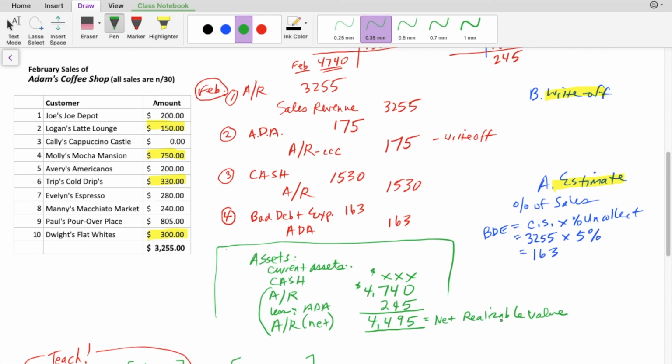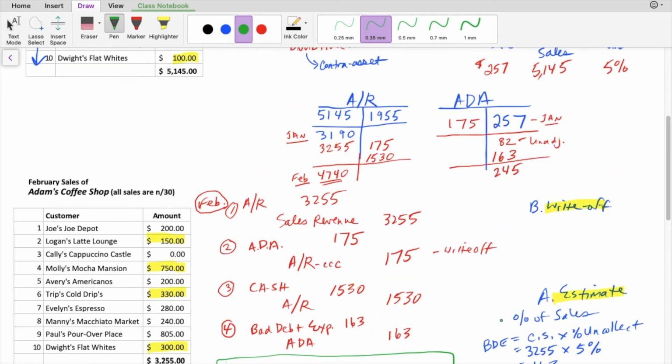So that's the net realizable value, the amount we actually expect to get from our customers. So this is a walkthrough of the percentage of sales method and approach. The percentage of receivables is a little bit different, but generally speaking, the transactions we're going to record are going to be very similar. So we'll take that up in the next video.